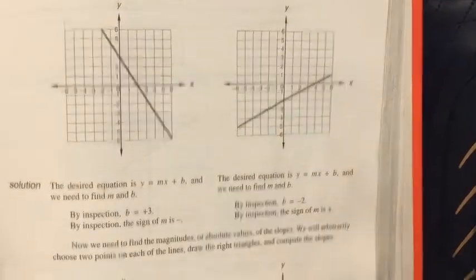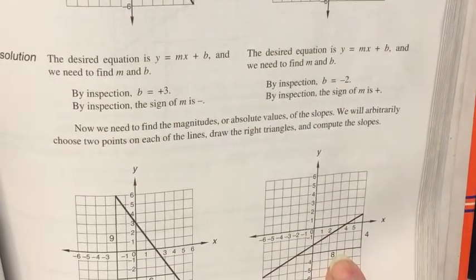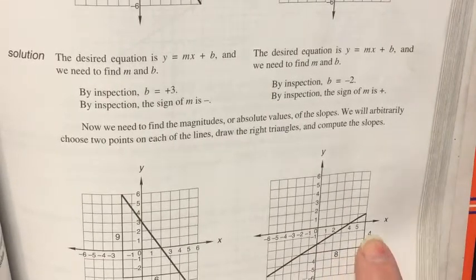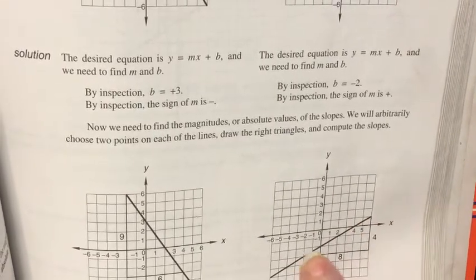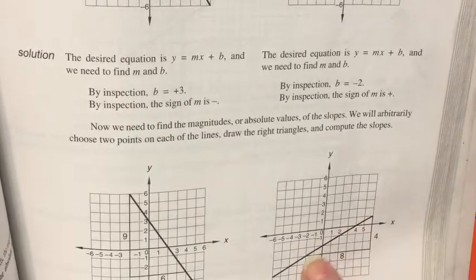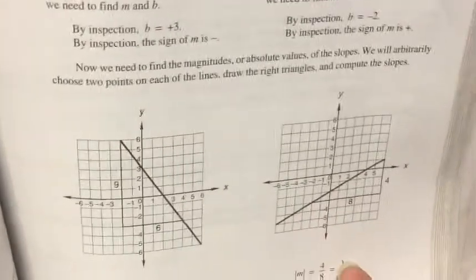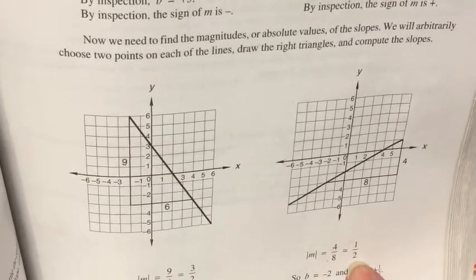So now let's look what they do. Okay, they pick 2 entirely different points, but their rise is 4 and their run is 8. So rise over run is 4 over 8, which is still 1/2, which is the same thing I got.